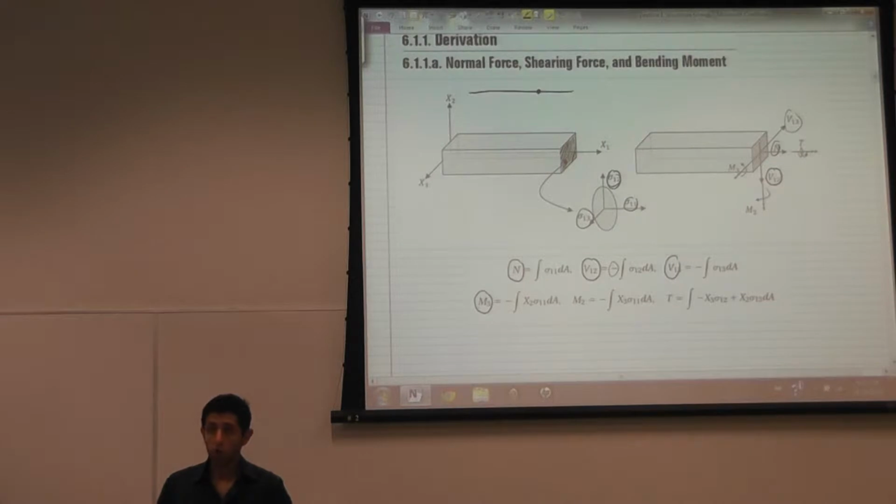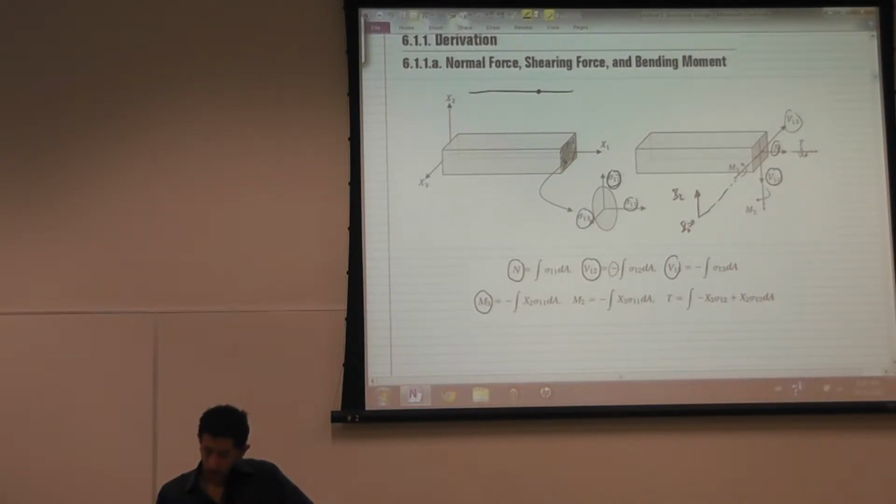M3, the moment, is the moment around the neutral axis of the beam. M3 is equal to the integral of negative x2 multiplied by sigma on 1, assuming that this neutral axis is x2 equals 0. And this is x2. So the moment around this axis is equal to the integral of negative x2 sigma on 1.